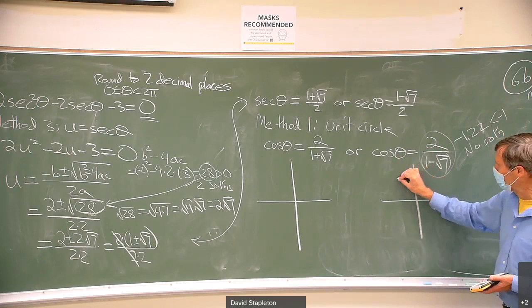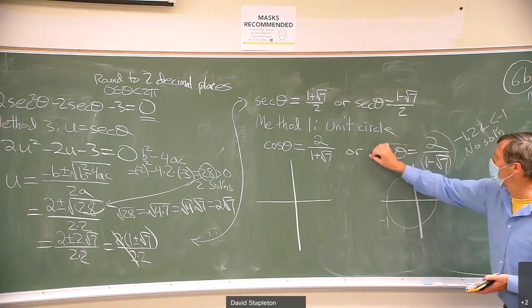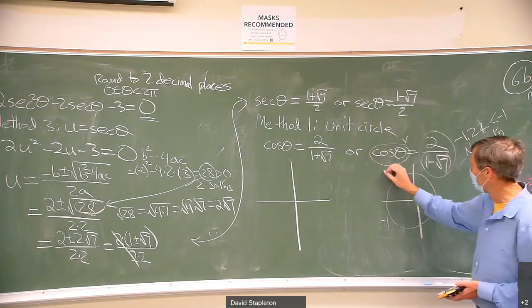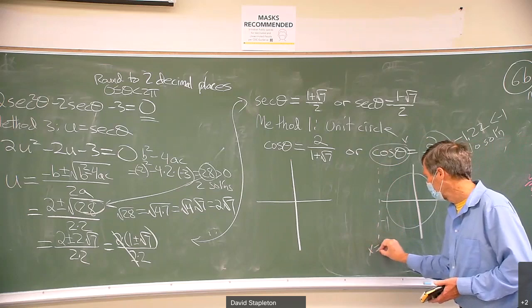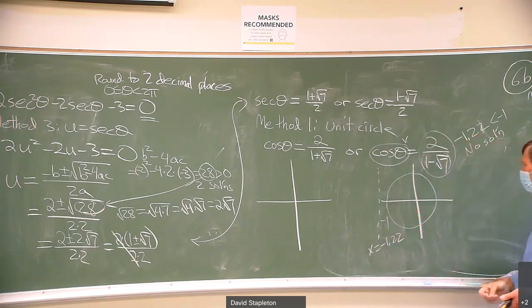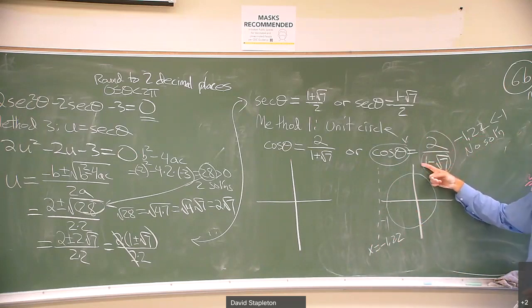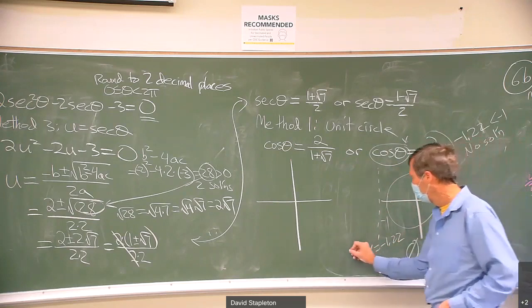Graphically, if you drew the unit circle, we want cosine, the x-coordinate, to be minus 1.22. It doesn't intersect at all. But once you see it's less than -1 or bigger than 1, you don't even have to draw the picture. So the solutions here are none.